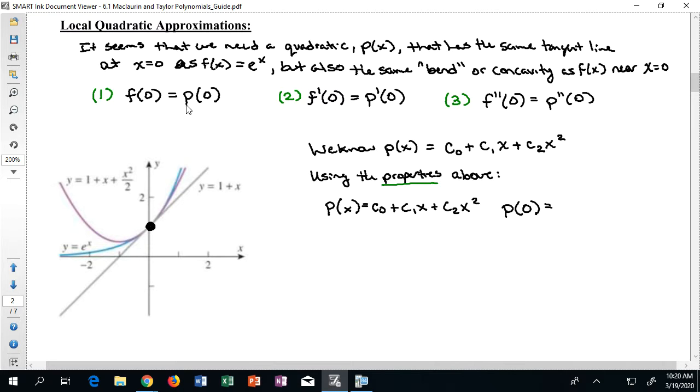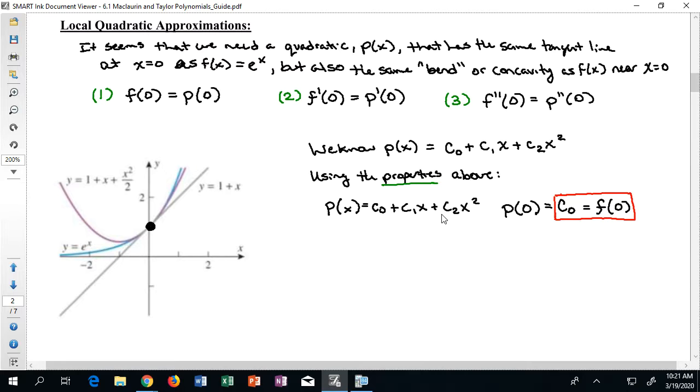That was my first criteria up here. So really quickly, I could start to see, wait a minute, what is p of 0? Well, if I plug 0 in for all my x's, the only thing I'm left with there is c0, whatever that constant is at the back. And apparently then this needs to be equal to f of 0. So what I found here is a formula for what that constant at the back of my polynomial, the back of that quadratic, needs to be.